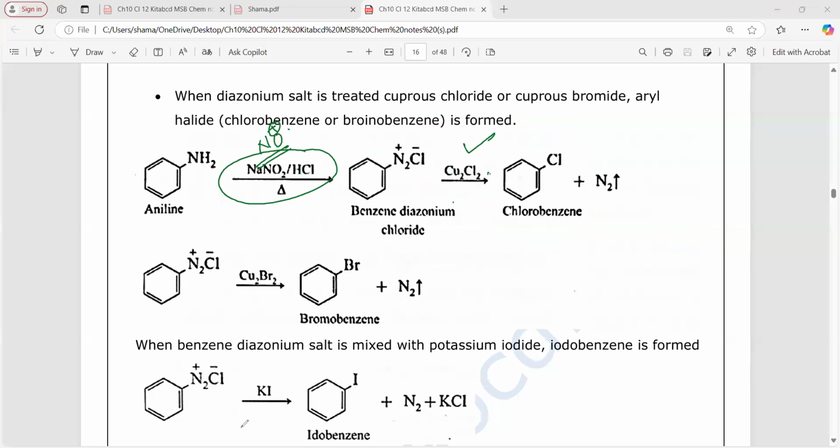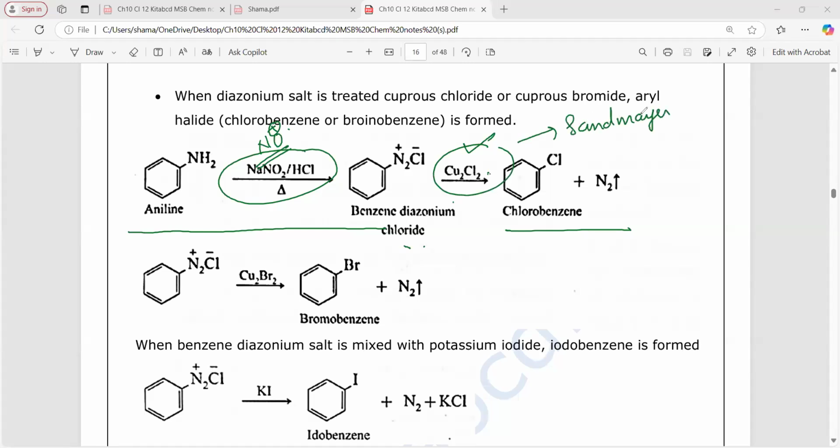So the first reaction is a diazotization reaction. Diazonium chloride would be formed in this. It's not a Sandmeyer reaction. But then from the diazonium salt, as you are forming chlorobenzene, this reaction is called the Sandmeyer reaction. Got it?